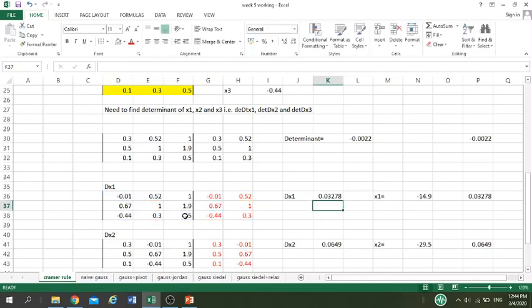So this is the determinant value of our x1.